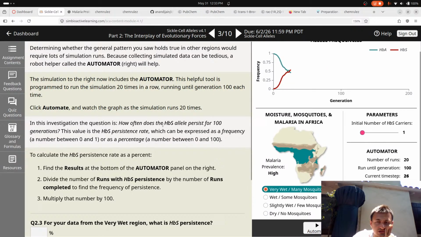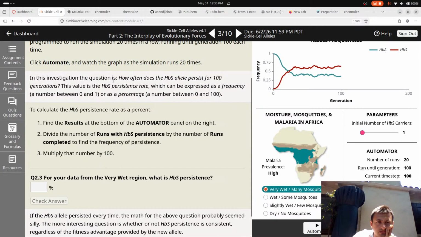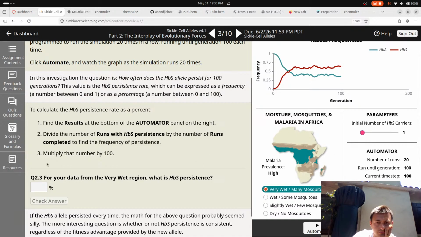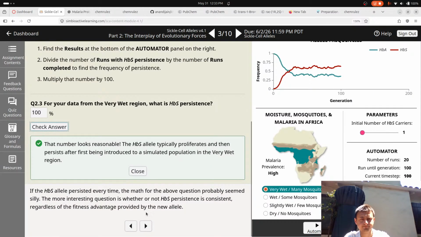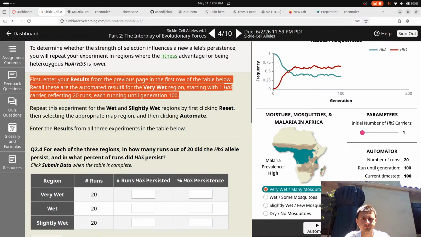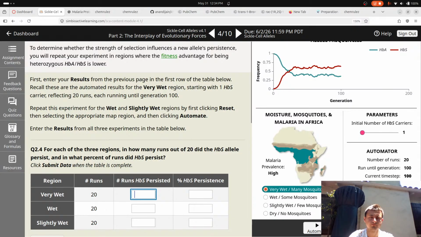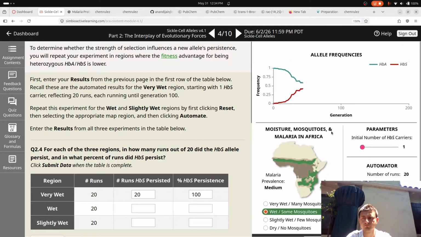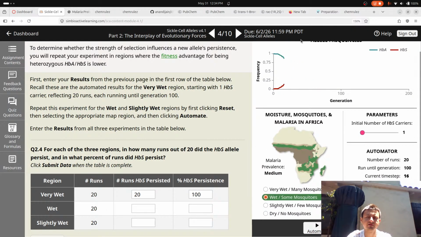It's so slow, dude. There's no speed thing. Come on, man.